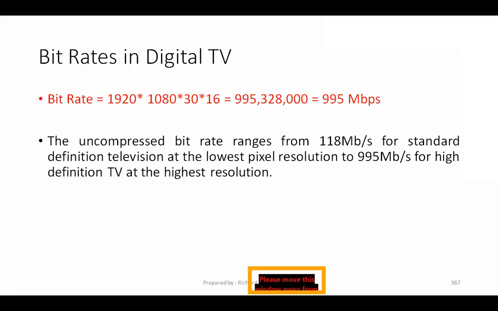So you have 144, you have 360, you have 480, then 720, then 1080, isn't it? So all these values you can see and change when you are on a video website. I think all of you have experienced this, isn't it? Yes or no? Yes, sir.